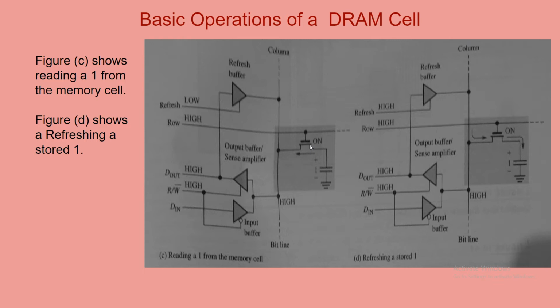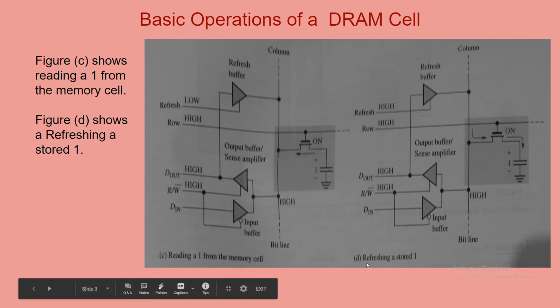When this transistor is on, the data on this capacitor, that is 1, is connected to the bit line. The bit line is then at high level, and this high voltage is passed on to the D out line with the help of the output buffer. In another way, the 1 on the capacitor is connected to the D out line in the reading operation.